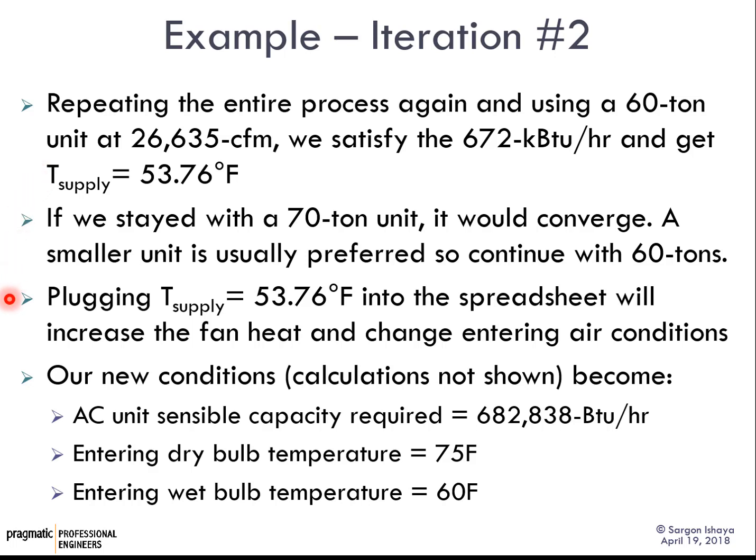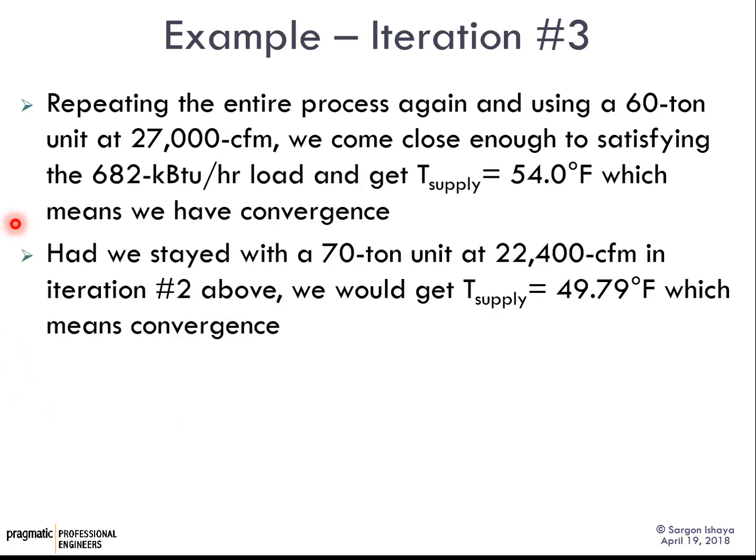So we go back to the spreadsheet, plug in 53.76, and we get new numbers. Our new conditions will become that the AC unit sensible capacity required is 682,838, and our entering conditions remain the same. Using the 682,000 BTU per hour load, we realize that the unit can satisfy the load at 27,000 CFM.